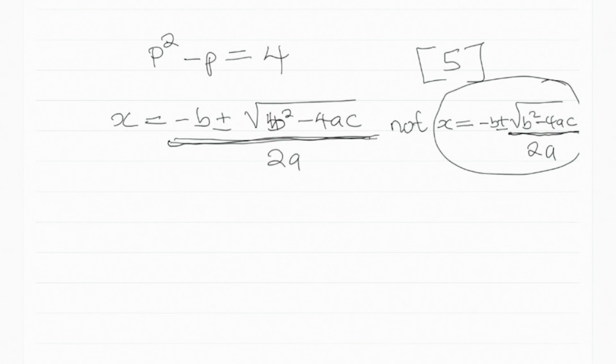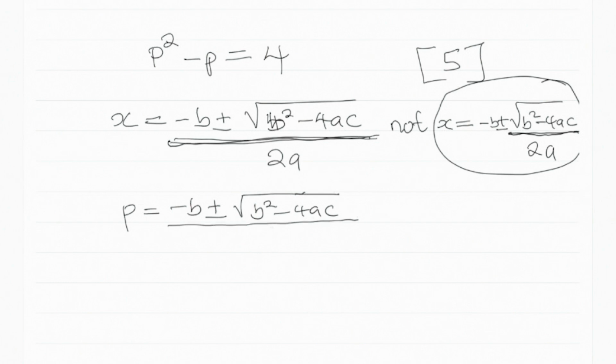Now, when we look at the question given, p squared minus p equals 4, the variable in that question is p. And we shall modify our formula a little bit. Instead of x, we are going to use p. So our formula will be p equals negative b plus or minus square root of b squared minus 4ac, everything over 2a.